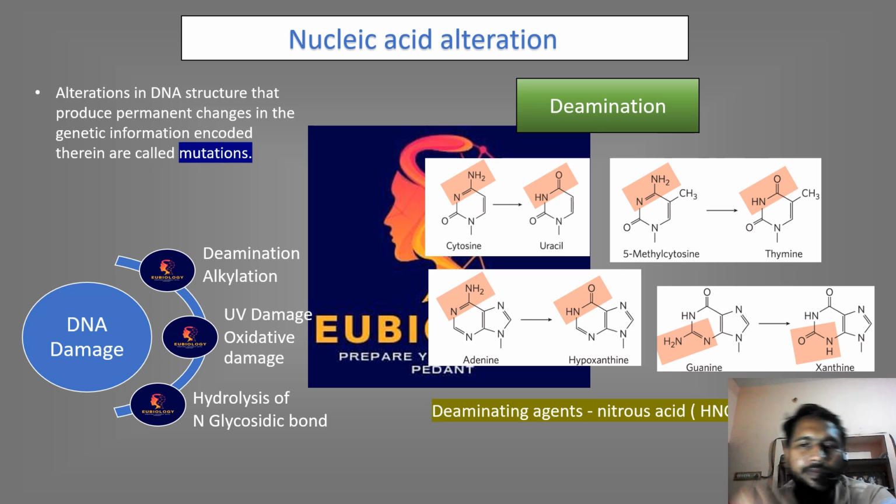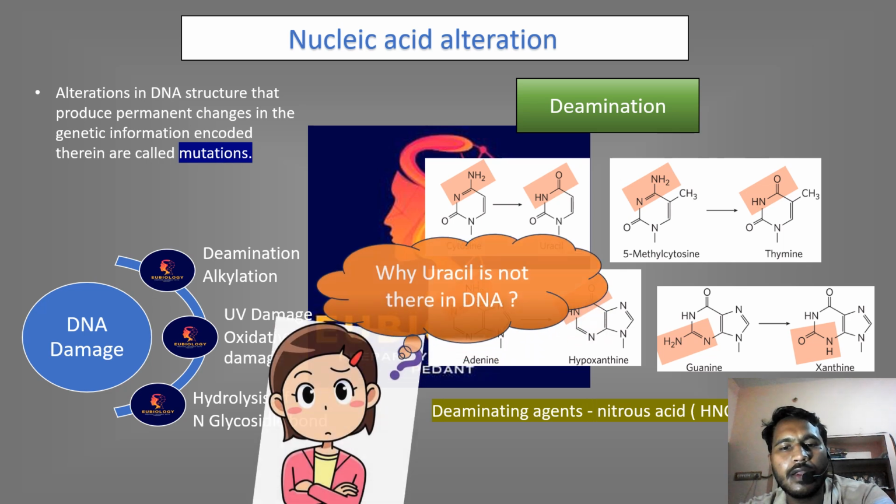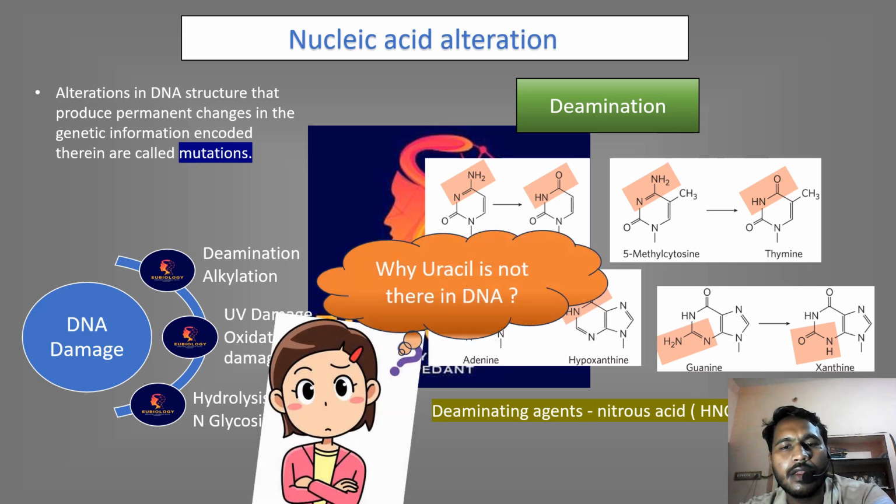Usually the cytosine is present in the DNA, so why is uracil not there in the DNA? Why do we need a thymine extra, and nature put in a little hard work to give one more nitrogenous base, when we could do the same things with uracil?